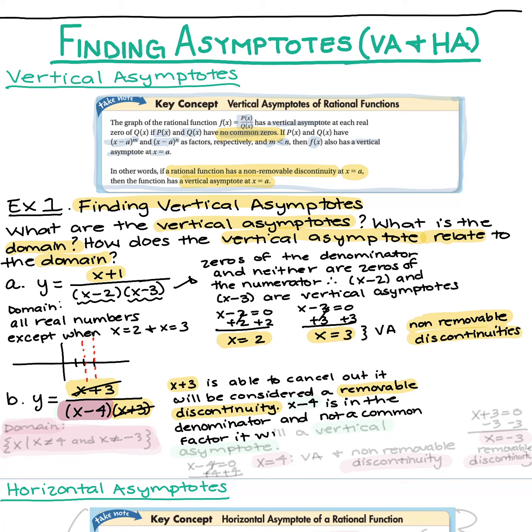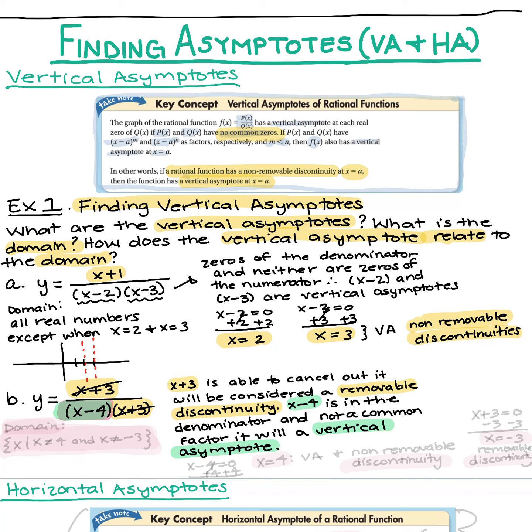It will be a vertical asymptote. Why? Because it's in the denominator and it was not canceled out. So therefore, x - 4 will be a vertical asymptote that cannot be removed, so it will be a non-removable discontinuity, okay?